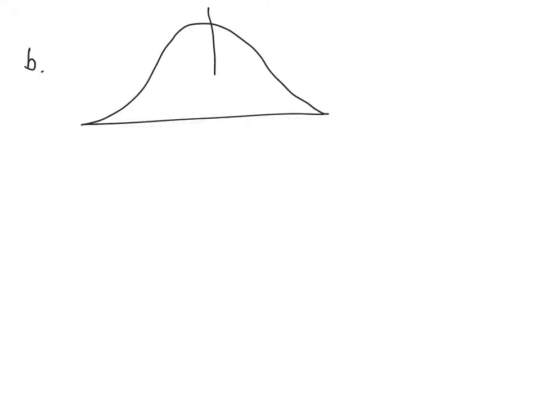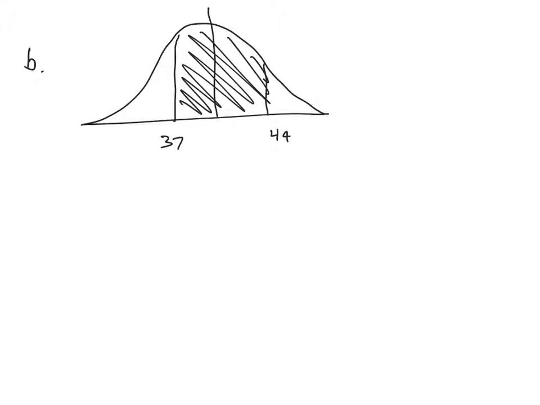If you go back up to letter B, I've got a normal curve with my mean in the middle, 37 to 44. I'm just drawing a picture to represent what we just did. So this gives me a z-score of 1.870, and this one is a z-score of negative 1.174.